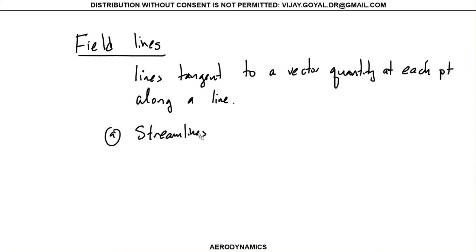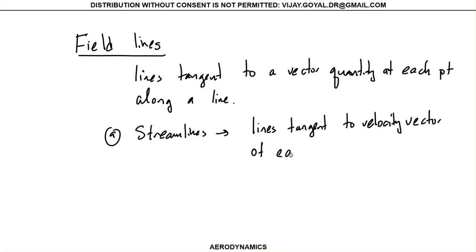That we talked about last time, because streamlines are lines that are tangent to the velocity vector at each point along the line.